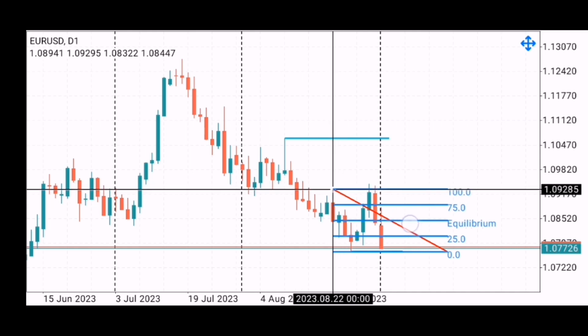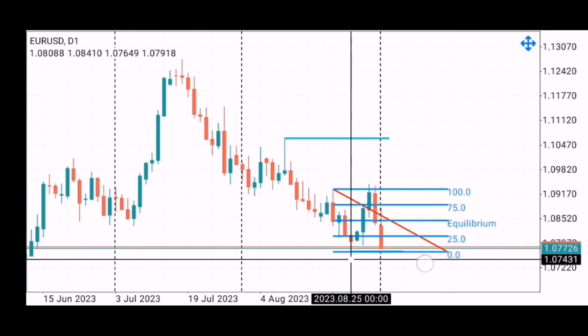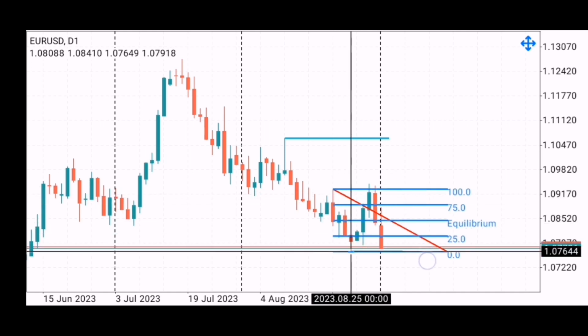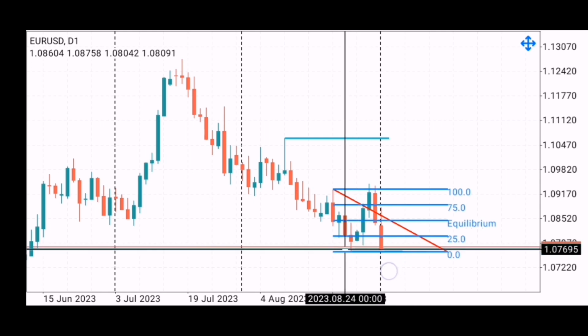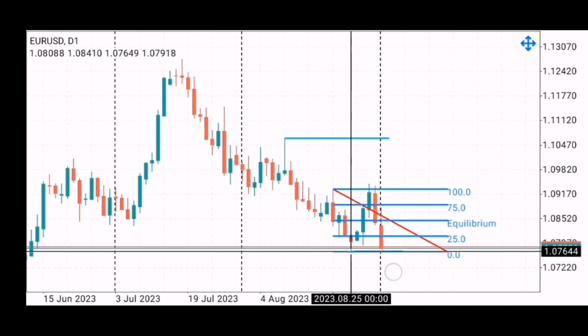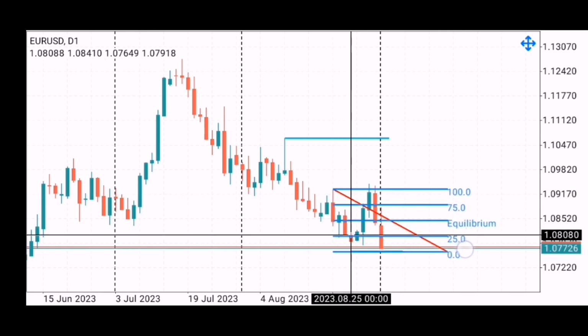And with the Fibonacci, we understand that this range of price over here to the downside, from this move all the way to the downside, is that when price is right below here, we can see that as discount because it has moved to the downside.